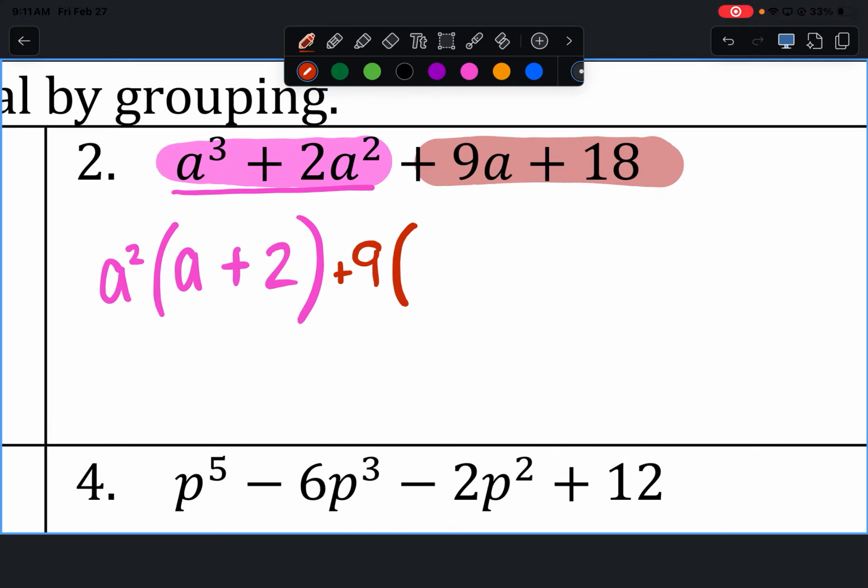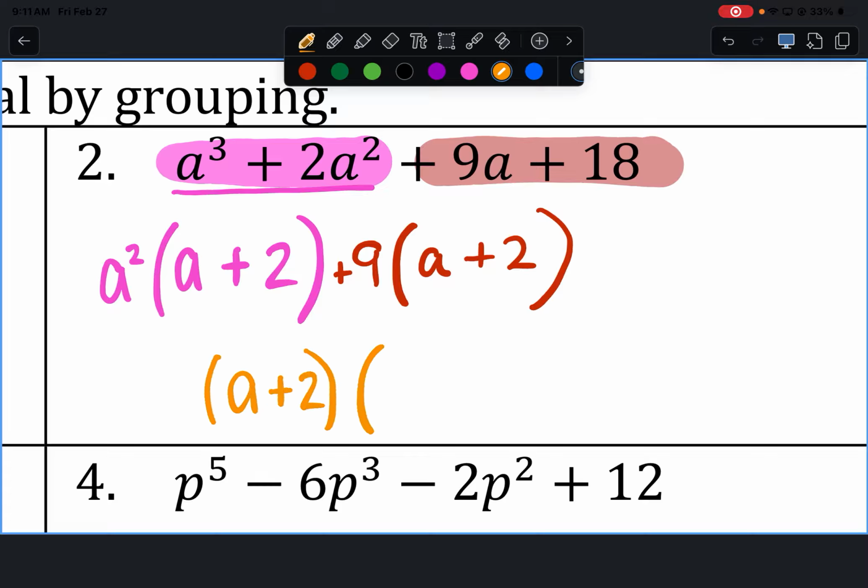So what will that leave us with? What is 9a divided by 9? What is 18 divided by 9? 2. So what part is the same? A plus 2. And what is left over? A squared plus 9. So that is our fully factored form of that polynomial.